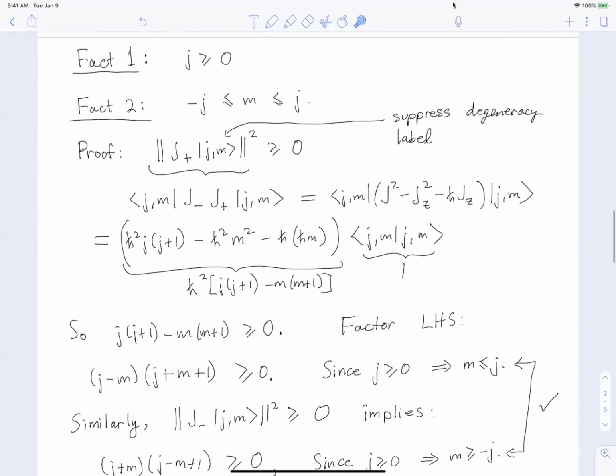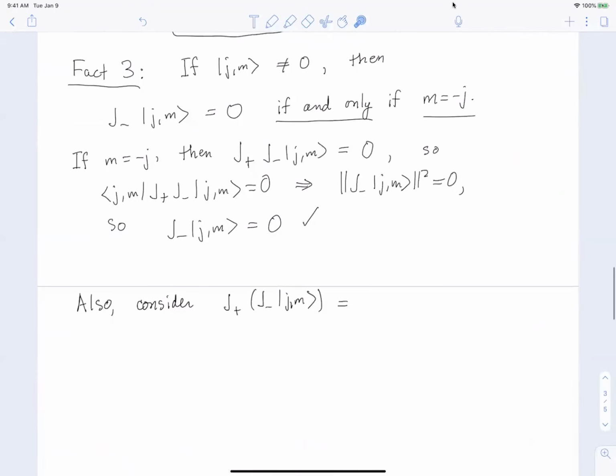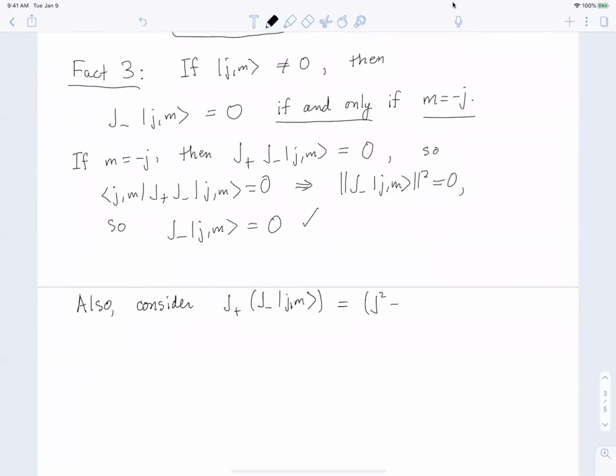They act and just give you back numbers. So going back to here, we're rewriting this as j squared minus jz squared plus h bar jz, which is h bar squared times, again, j times j plus 1 minus m times m minus 1, acting on jm.